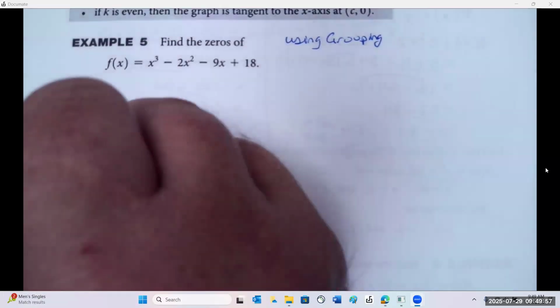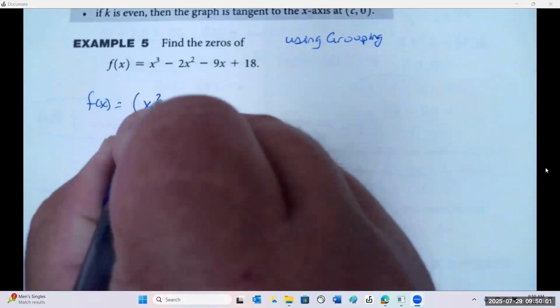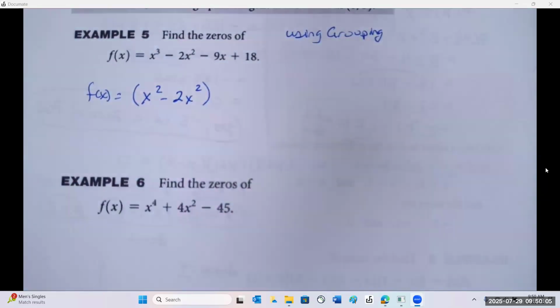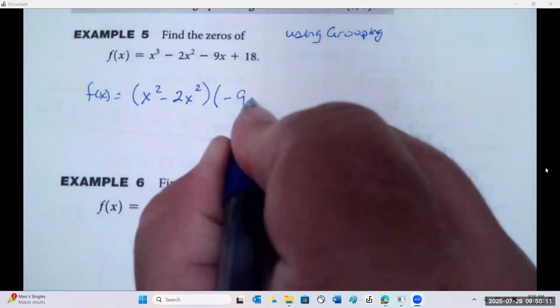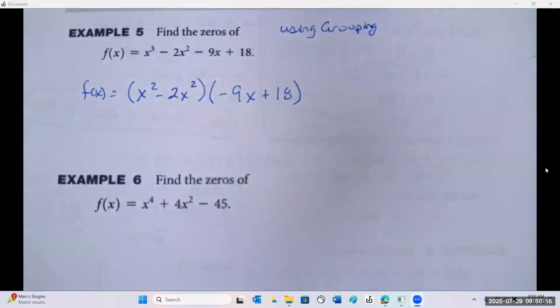What grouping tells us is to put parentheses around the first 2 terms, and then put parentheses around the second 2 terms.